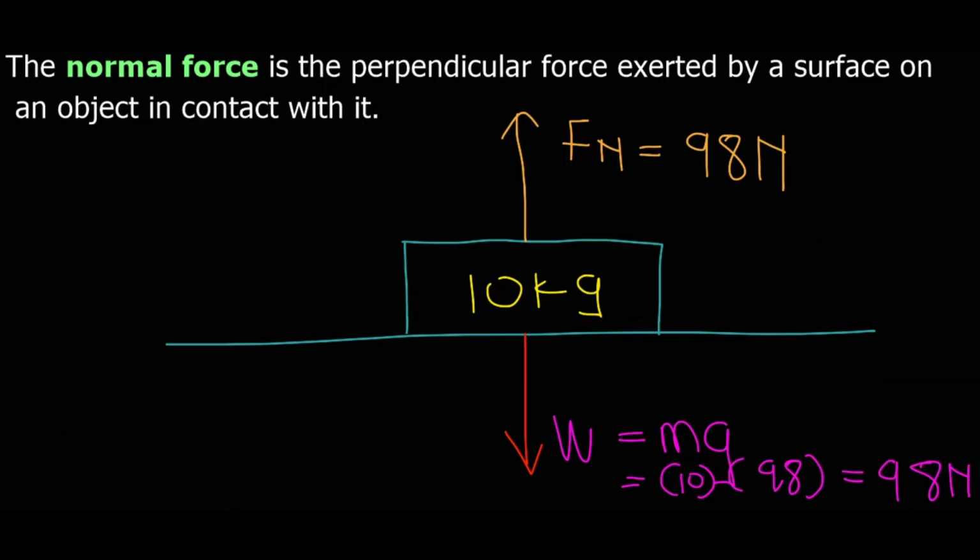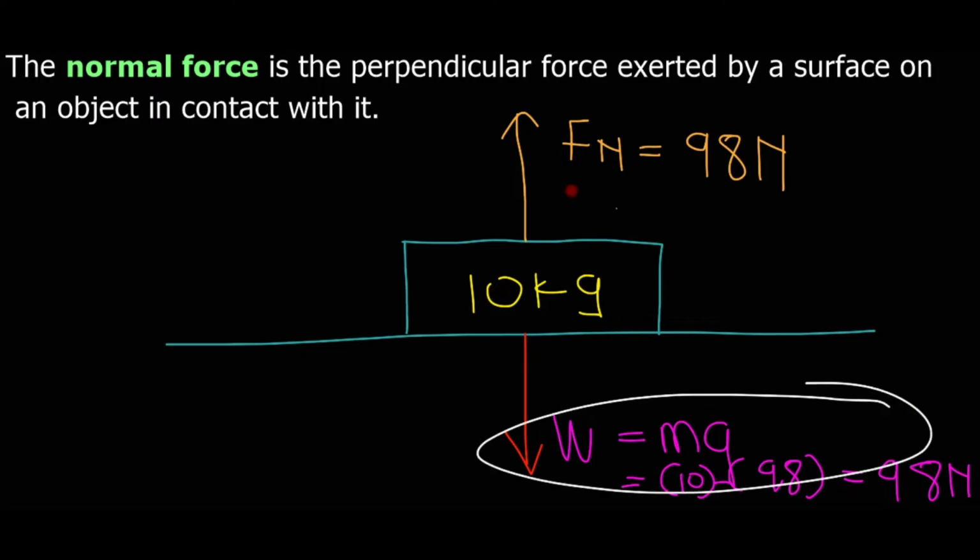So in a situation like this one, where an object is on the surface and has a mass, and you are asked to calculate the normal force, all you do is calculate the weight, and the normal force equals the weight. So that's all about the normal force. A normal force is always perpendicular to the surface.